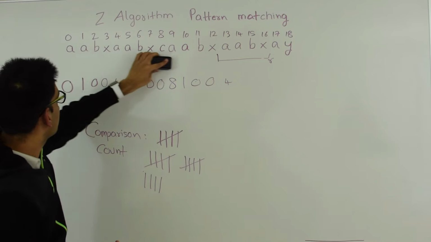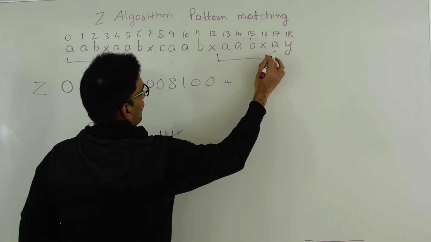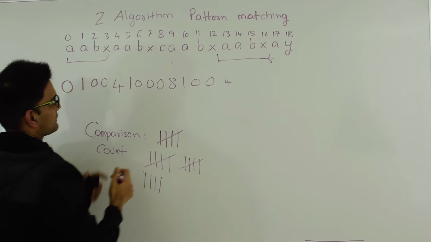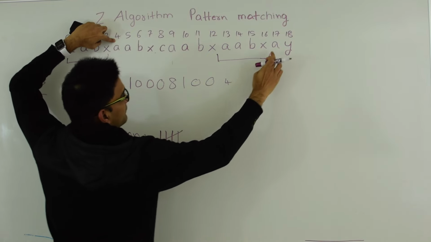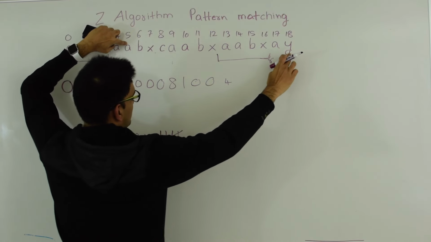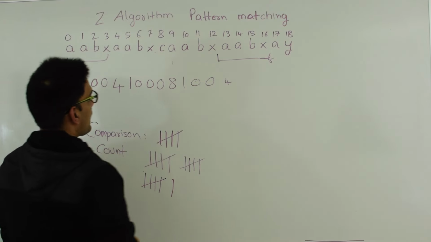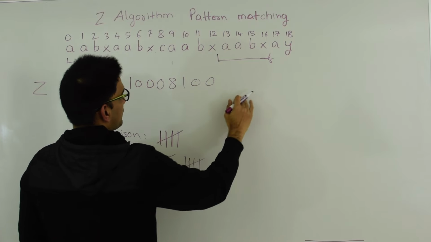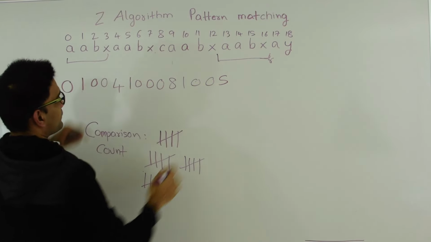So these 4 characters are already matched, and I need to do further comparisons. Then I'm going to check the 5th character from here with this guy, and both of them are same. Then I'm going to do A with Y, and that is not same. So I did 2 more comparisons, and I found out that the length of the substring, which is also a prefix, is 5, because we had one more match with A.